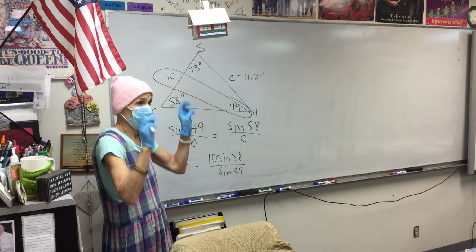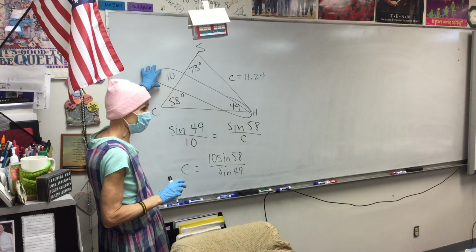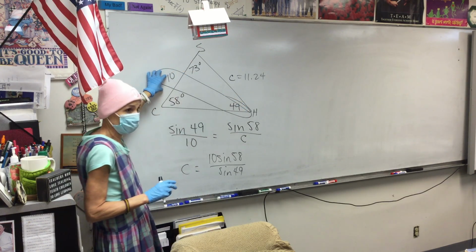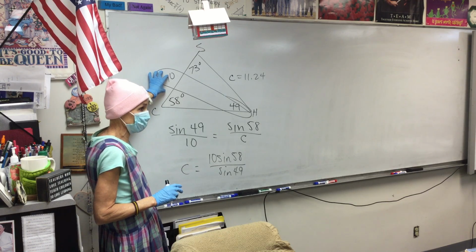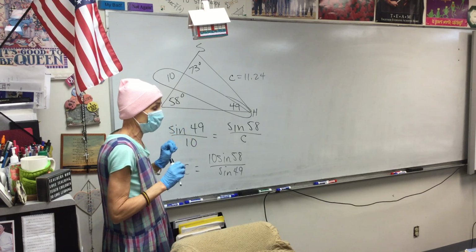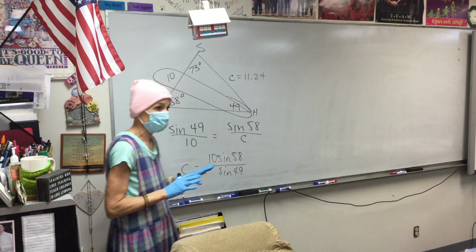And by a pair, I mean, I know the angle and its corresponding side. If you have that information, you are going to use the law of sines. The law of sines is the easiest law, so we always want to default to that if we can.